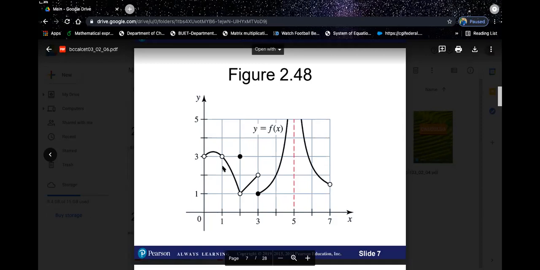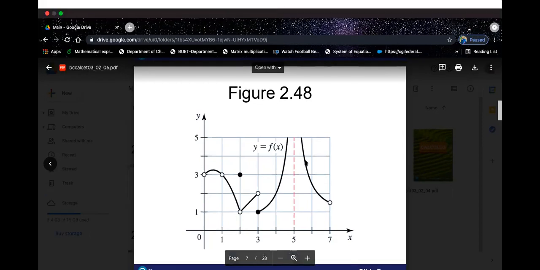Okay, next, let's try x equals 2. What's the answer now? It's not continuous. And why? Because there's a hole at 2. Okay, and what are the other things you need to check?